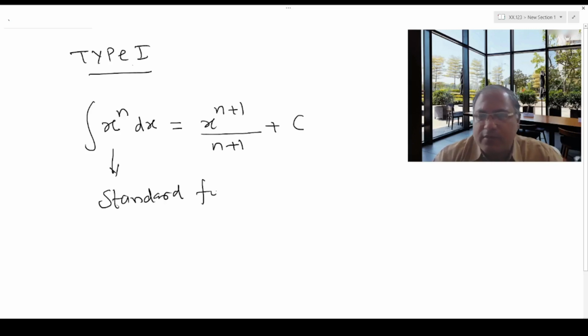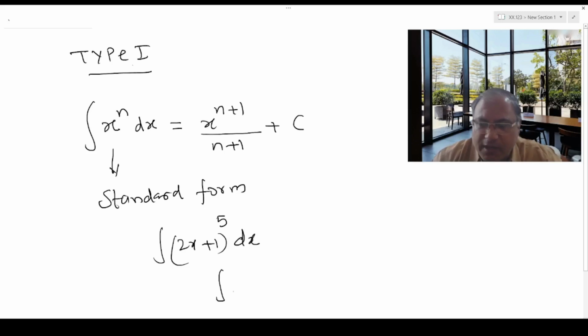Standard form means if it is 2x plus 1 raised to 5, I say it is not a standard form because it is a combination of more than one element. That is, 2 is also there, x is also there, plus 1 is also there. So it is not standard form.